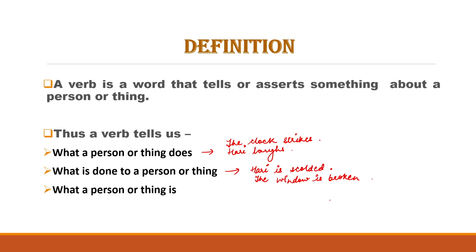Next, what a person or thing is. For example, the cat is dead. Glass is brittle, and so on.